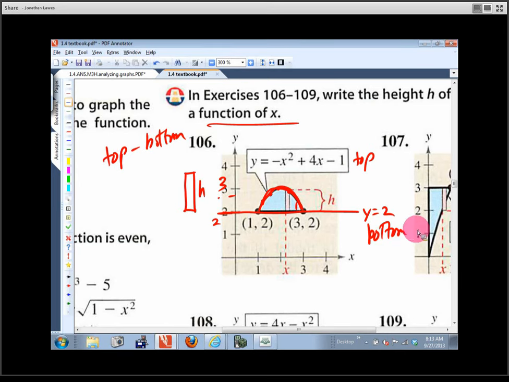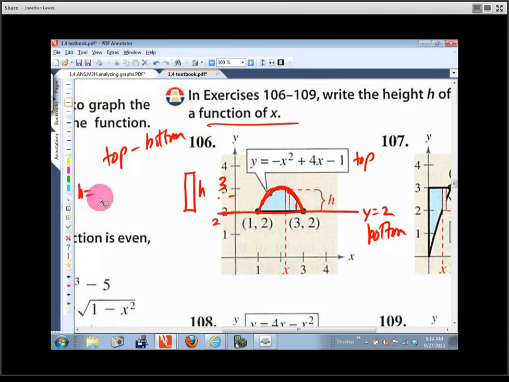Now think about that for just a second. If the top is this function, the bottom is this function, and we figured out using numbers that I did the top minus the bottom, how do you think we'd figure out the height? Literally just take the top and subtract the bottom.